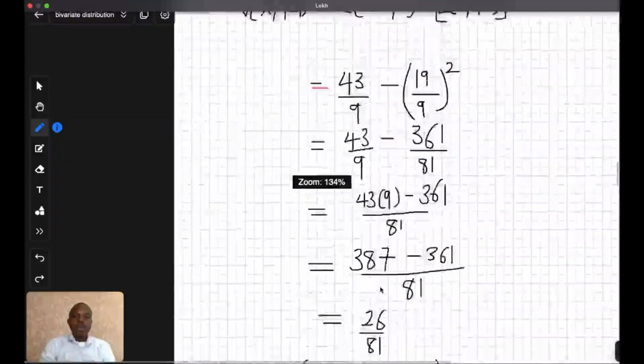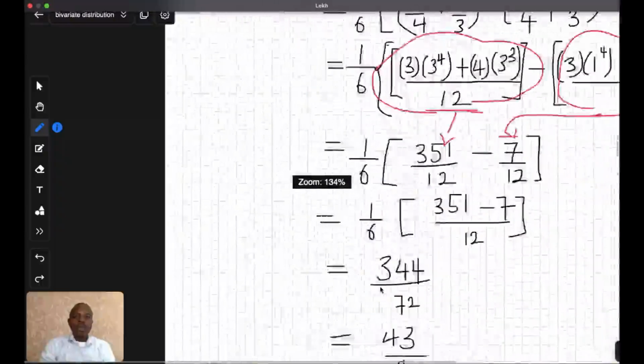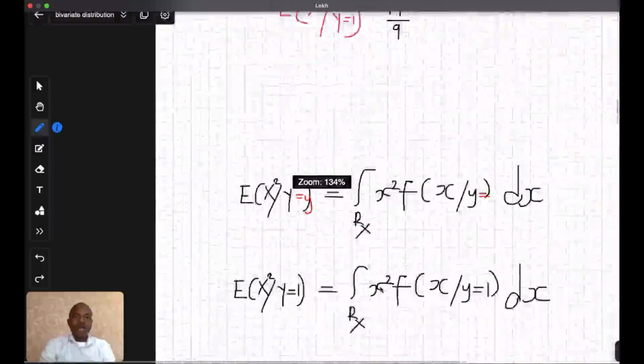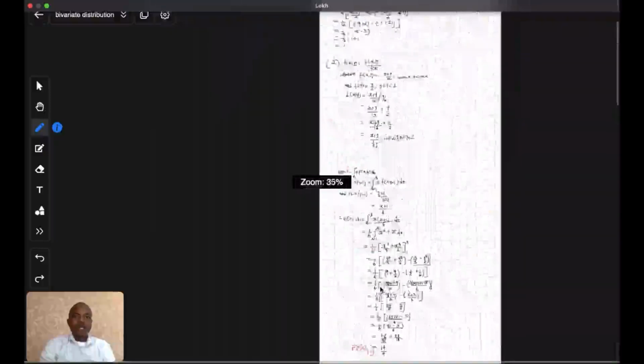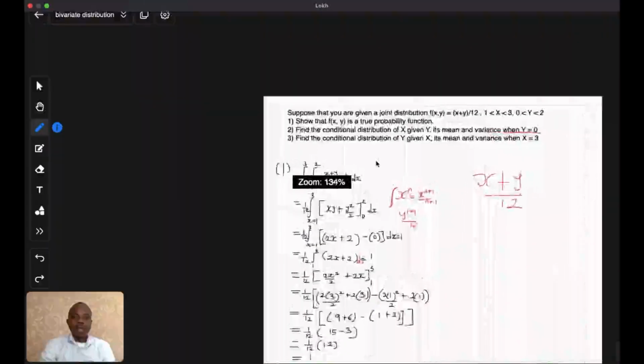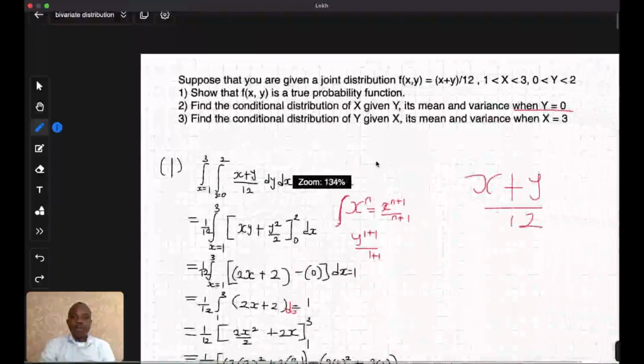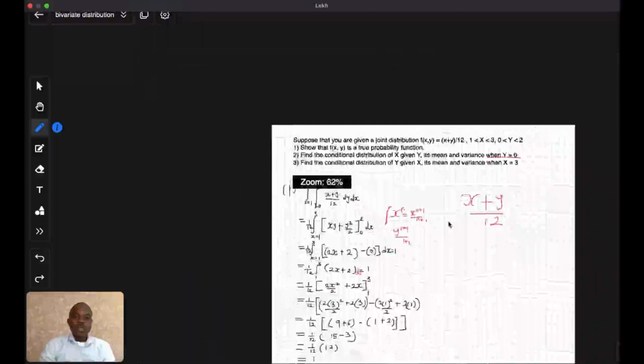So we've obtained the conditional distribution for x given y equal to 1, and we have obtained its mean and its variance. But the next question is, how can we find the conditional distribution of y given x, its mean and its variance also? That's also easy.